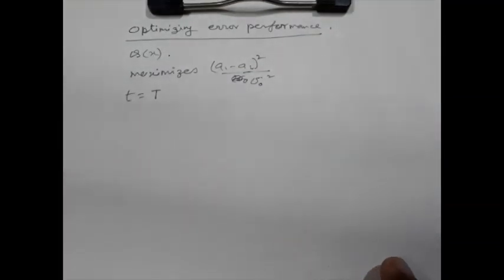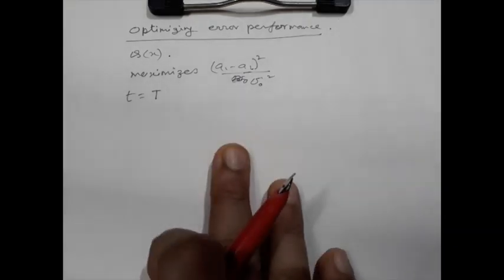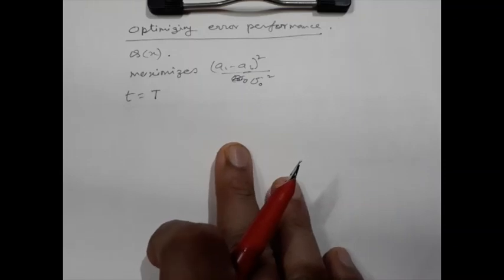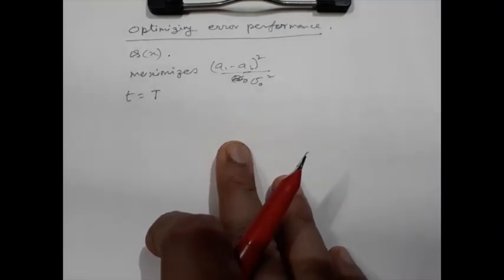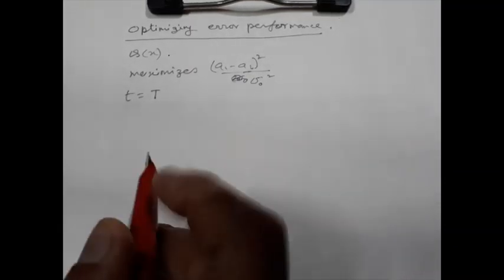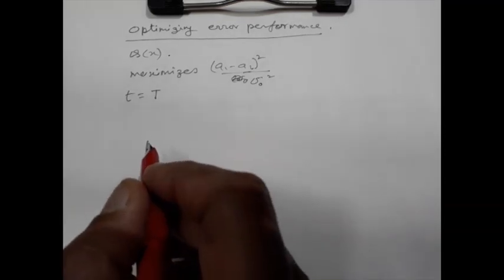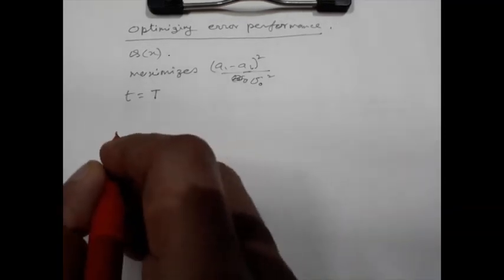A matched filter maximizes the output signal to noise ratio for a given known signal. Here we view the optimum filter as one that maximizes the difference between two possible signal outputs.